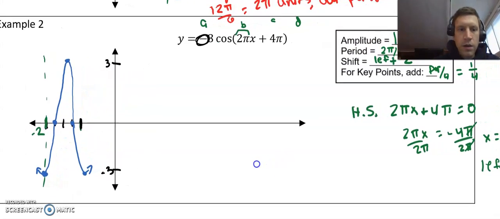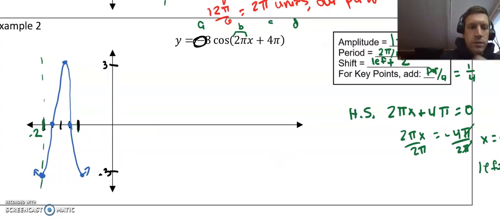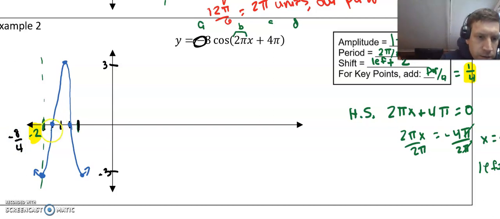And last part, we said the trickiest part sometimes is getting the starting point and this value you're adding to have the same denominator. So denominator of 4, I think I can just call -2 is really -8 over 4, which means this would be -7 over 4, -6 over 4, -5 over 4, and -4 over 4.